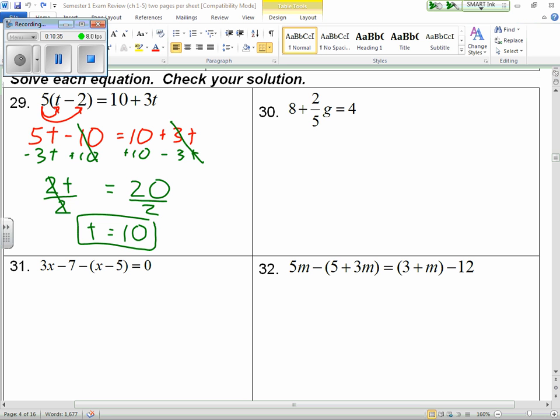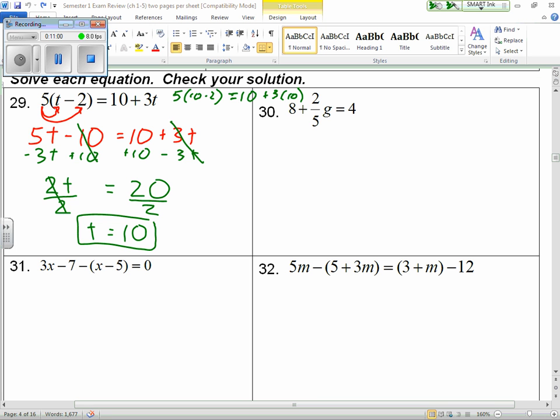Let's check it. So we're going to check it back up here. 5 times 10 minus 2. Does that equal 10 plus 3 times 10?